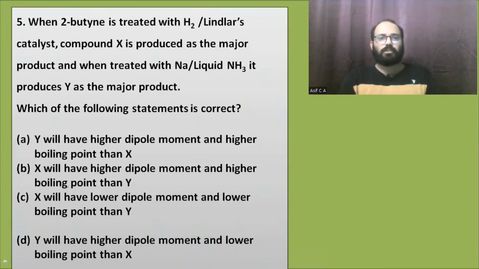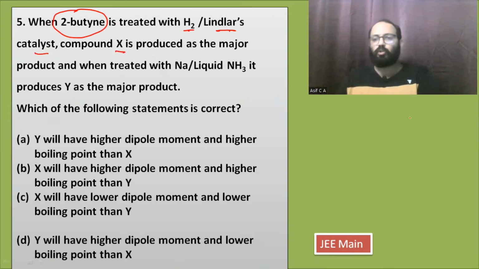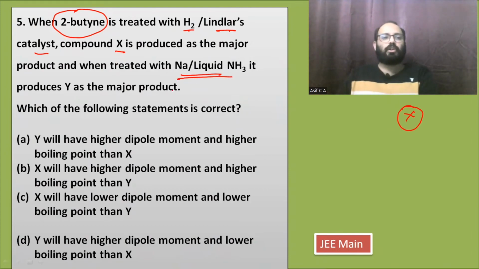Okay, one more question. This is the last question. It's an interesting question, a JEE Main question. When 2-butyne is treated with H2 and Lindlar catalyst, compound X is produced. So you got some compound called X. Then, when the same butyne is treated with sodium and liquid ammonia, it produces Y as the major product.